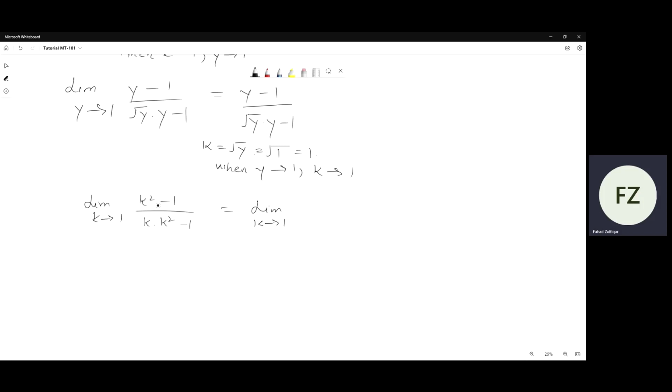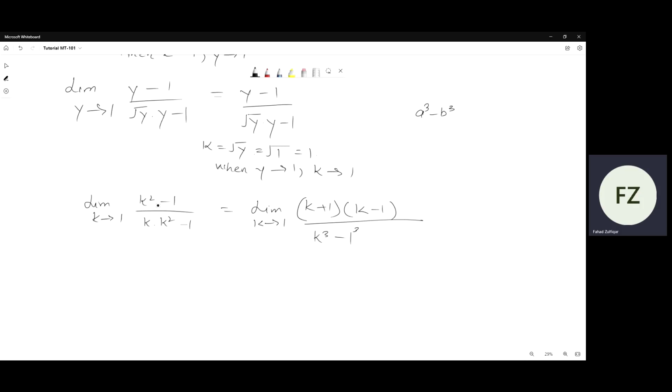So k square minus 1 is actually k plus 1 into k minus 1 whole divided by k cube minus 1. Now we know that k cube minus 1 is actually a cube minus b cube. So what is a cube minus b cube?